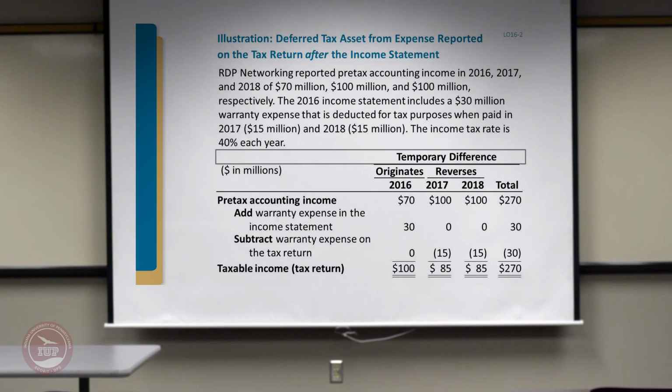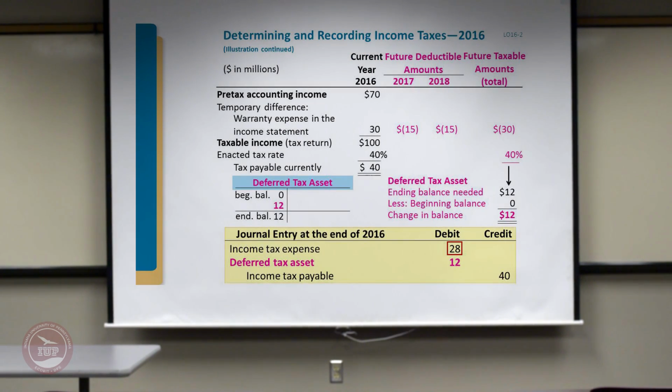Now, in the future period, since we are recording the $15 million expenses actually incurred in 2017 and 18, the taxable income is reduced by 15 million, and for each of the 2 years, your taxable income now is $85 million. Over the 3-year period, you have got the total taxable income at $270 million. So the difference was created in 2016 and reversed in 2017 and 2018. On $100 million, you will have a tax of $40 million.